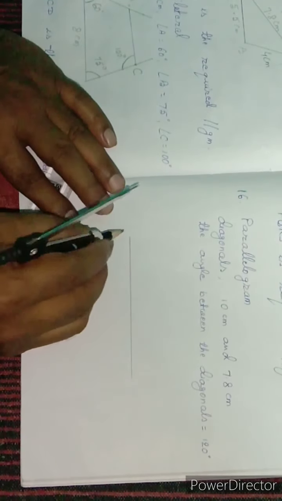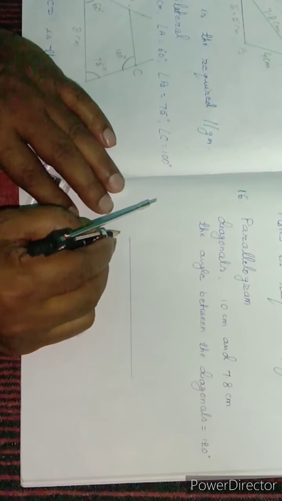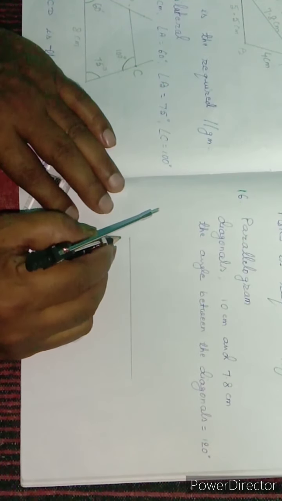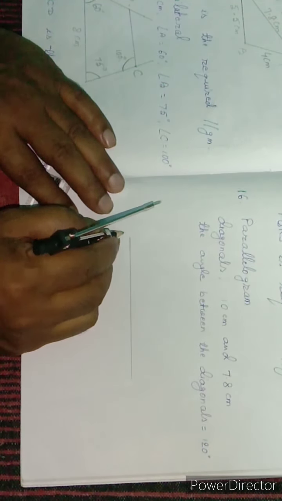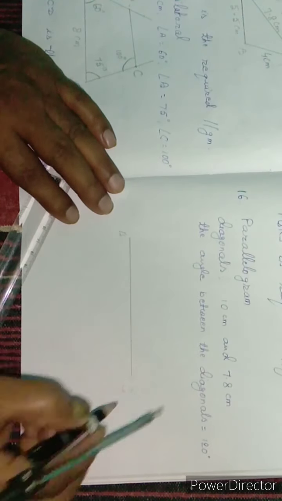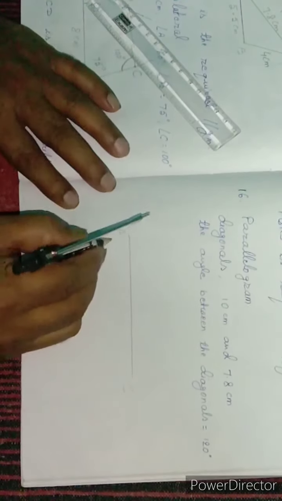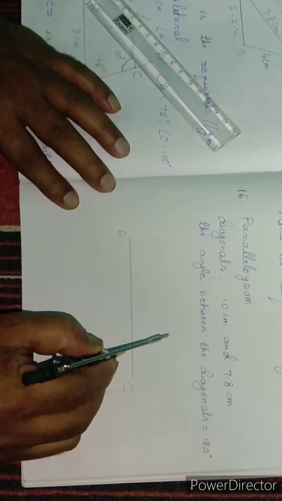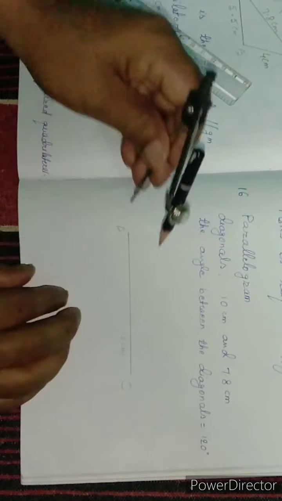Name it as A and C. Write the measurement also. This is 10 centimeter. Now draw the perpendicular bisector of AC.